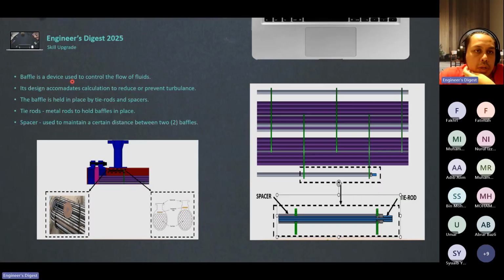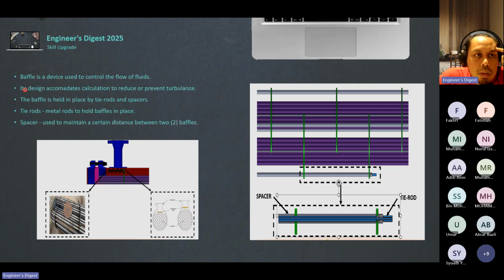Baffle is a device used to control the flow of fluid. We discussed this one earlier. This is your baffle. So whatever fluid is coming in will need to redirect its flow to go around the baffle.